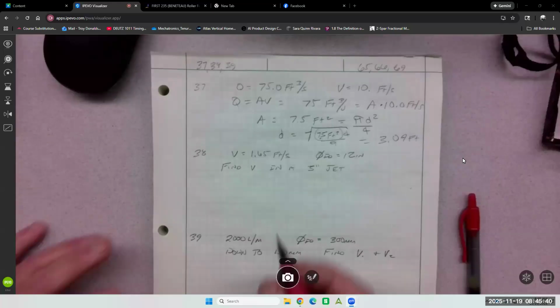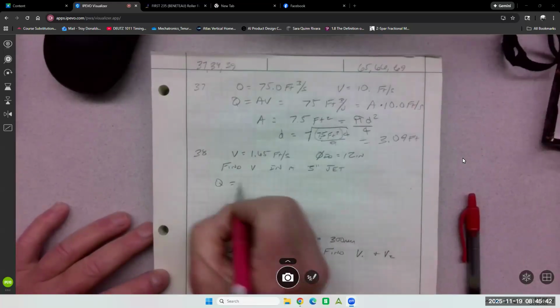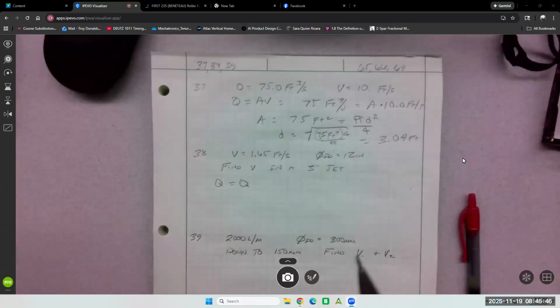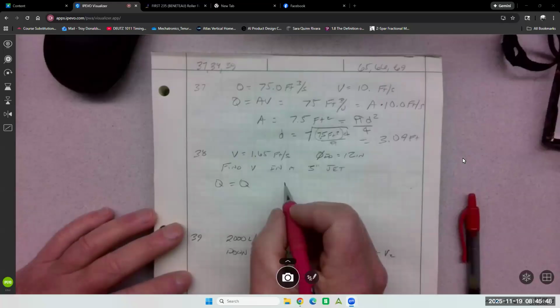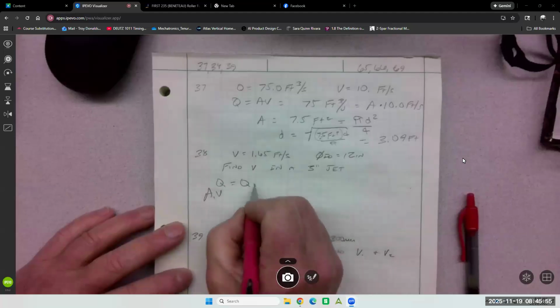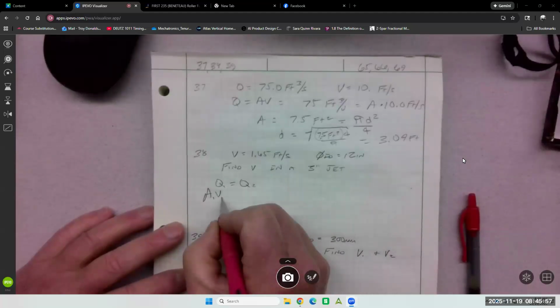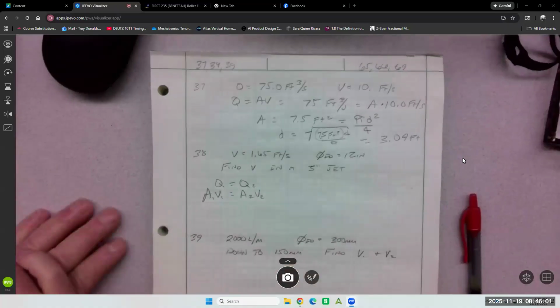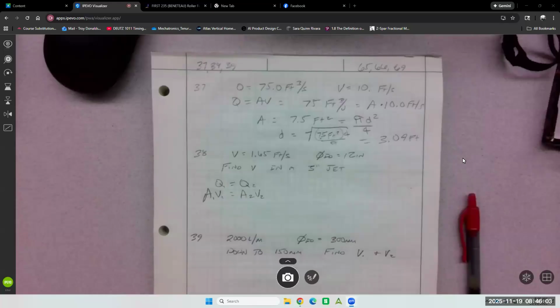So this one is going to deal with conservation of energy, which is Q equals Q. That quantity's got to stay true, right? So A1 V1, that's Q, and then Q of the second one could be A2 V2. So that's the easiest way to set it up.